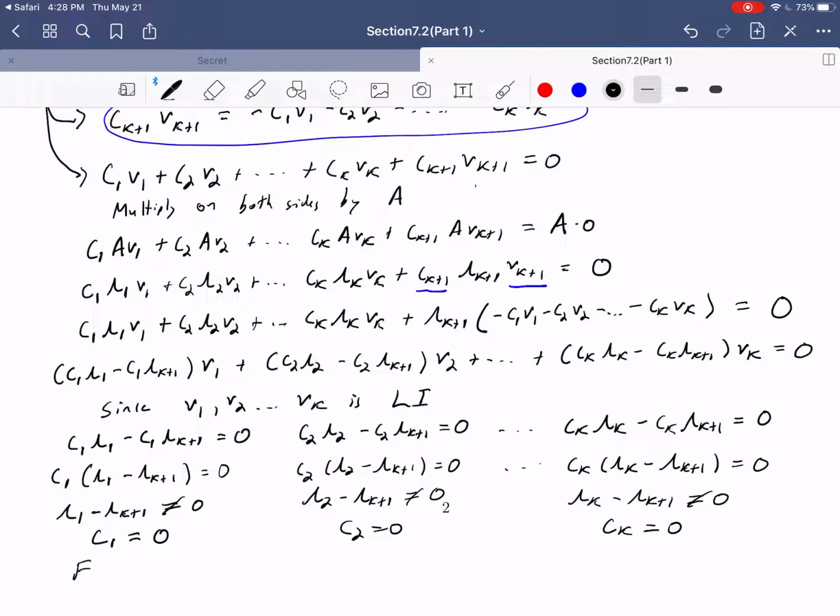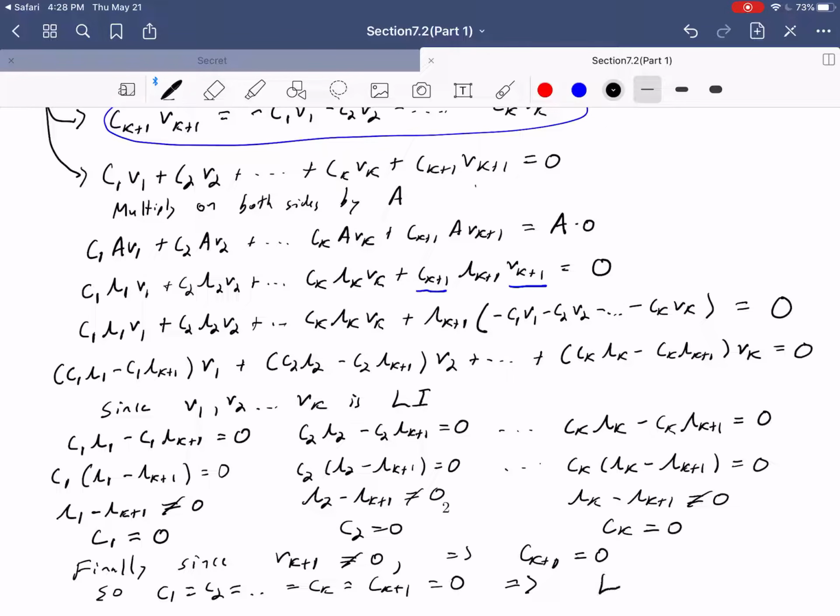So finally, since vk plus 1 is not equal to 0, this implies that ck plus 1 equals 0. So C1 equals C2 equals ck equals ck plus 1 equals 0, which implies that it is linearly independent.